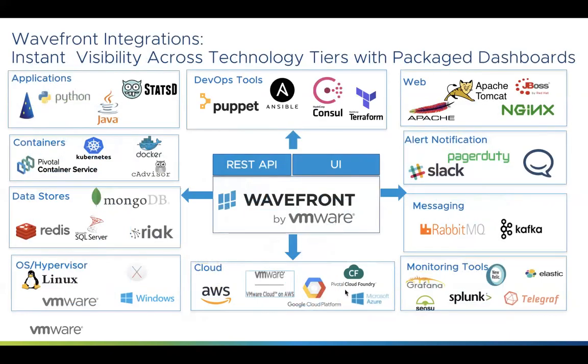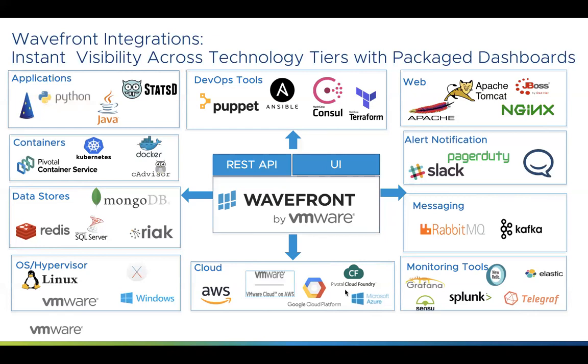So speaking of the Wavefront integrations, we've been progressing really well for the last 1 year. Our integration team pushes out about 20 to 25 integrations per quarter, and the number has quickly grown to close to 170 integrations right now.